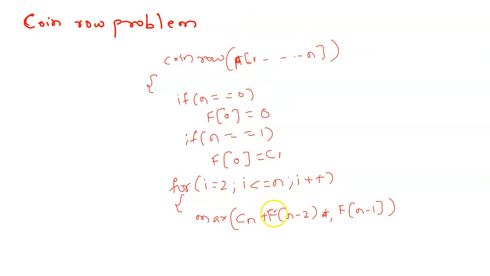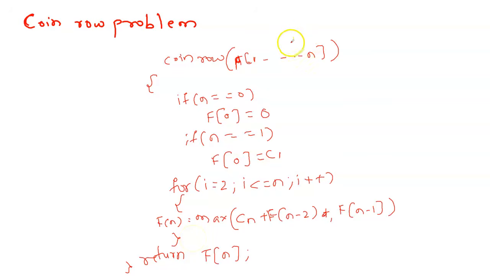This recurrence relation will continue and the result will be stored in f of i. According to the recurrence relation, I have written this equation. Then after executing all this, we have to return f of n. So this is the algorithm.